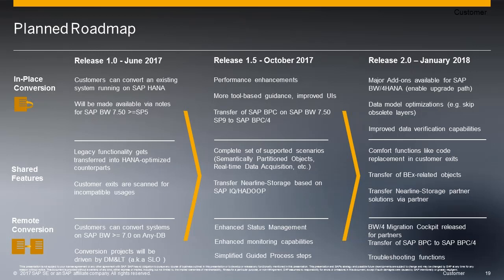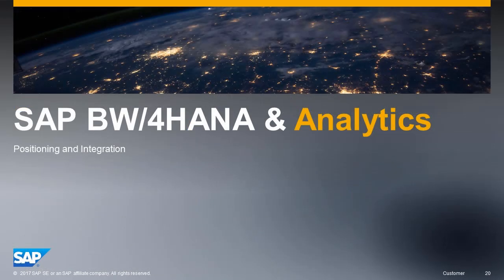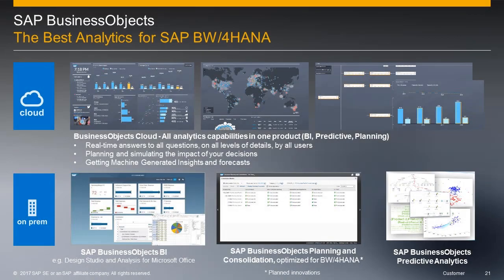Okay, I want to touch briefly on the analytics side. I know this is probably in the majority of you on the call's wheelhouse, but a couple things. From a cloud perspective, Business Objects Cloud provides all the capabilities you're looking for from a BW for HANA perspective, and from an on-premise perspective, Business Objects BI.